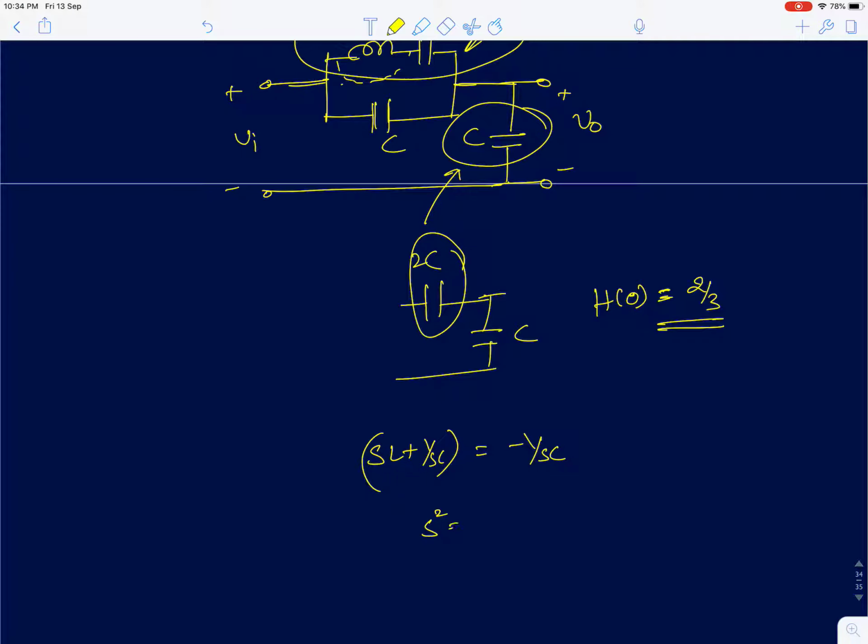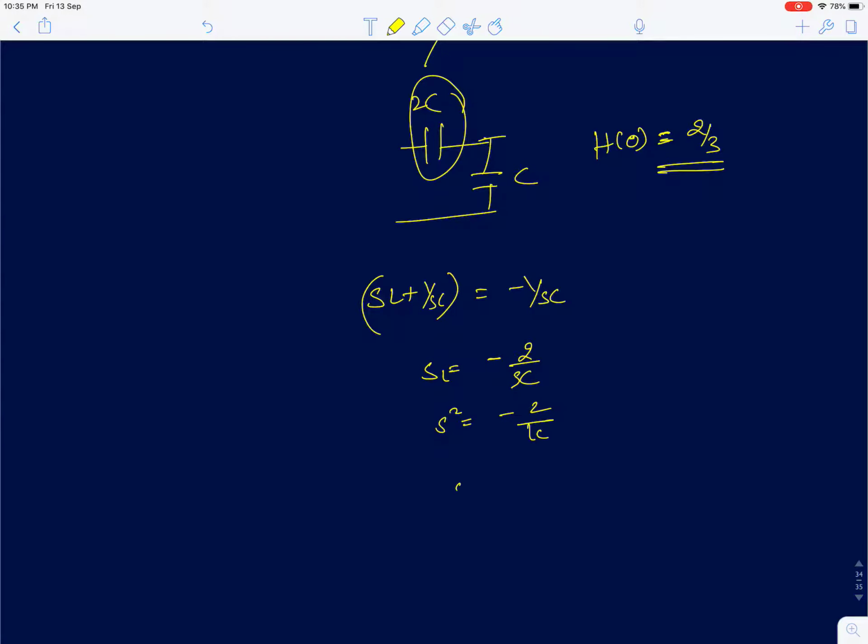Using that, this will be minus 2 by SC, and this is S here. So S square equals minus 2 by LC, or S equals plus minus j root of 2 by LC.